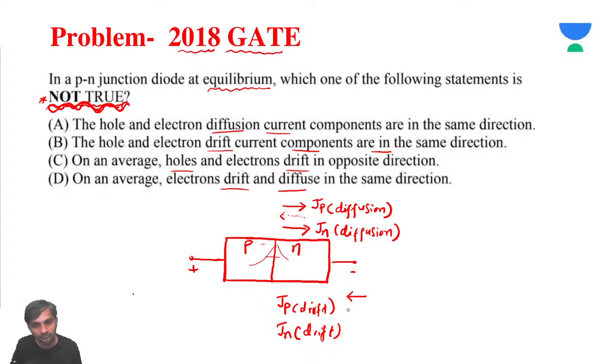So their drift current is in this direction. This is Jp drift, and Jn drift will be in this direction. Now we have all four directions: Jp drift, Jn drift, Jp diffusion, and Jn diffusion.